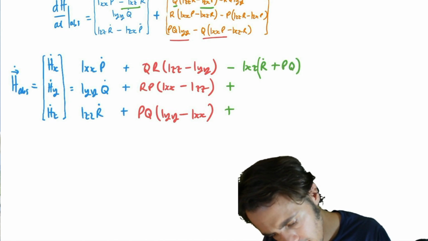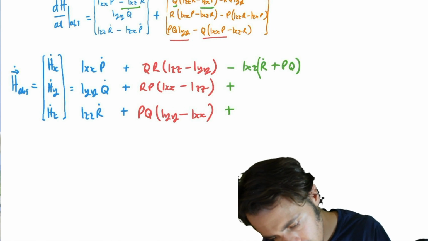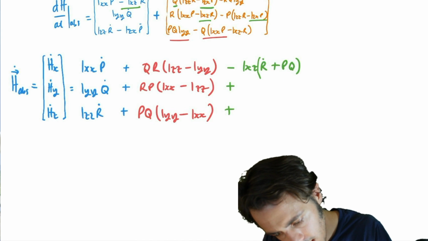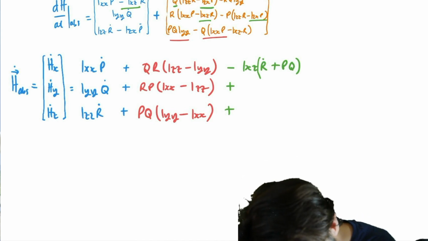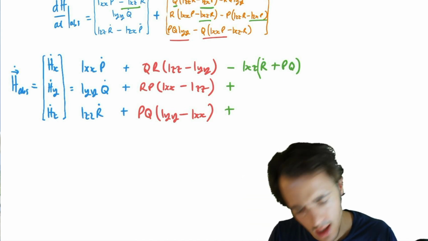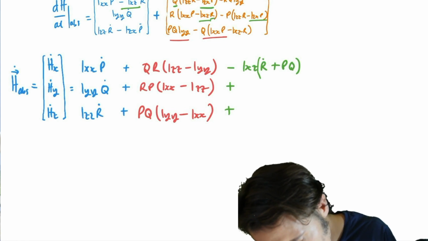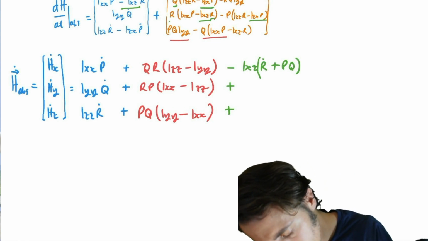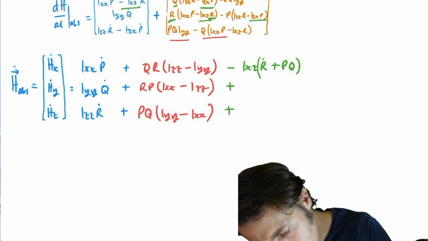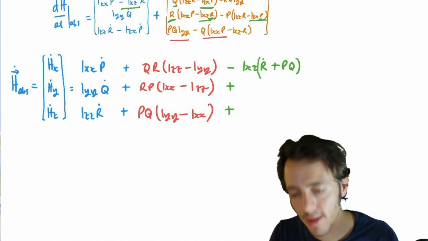Okay, in this next row, I've got this one here and this one here. So I've got RP, and it's R squared and P squared I've got there. I can't quite read my own writing here.